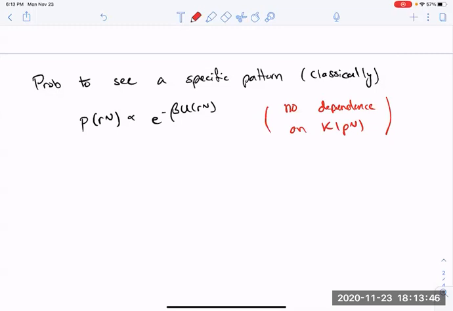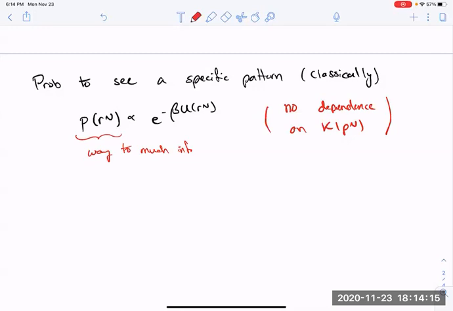So I can, in some sense, already solve a question we might have, which is what's the probability of seeing a specific pattern in a liquid? That's just a Boltzmann factor. But that really has way too much information than I would really care to know. I don't really care about one particle over another.